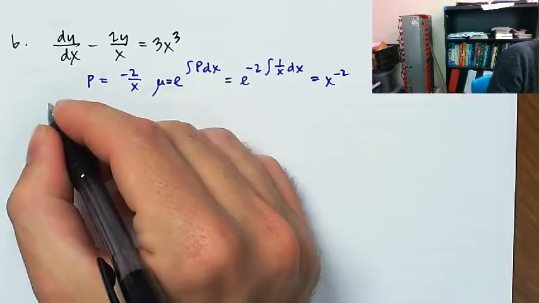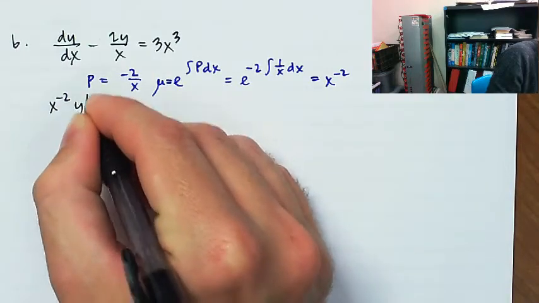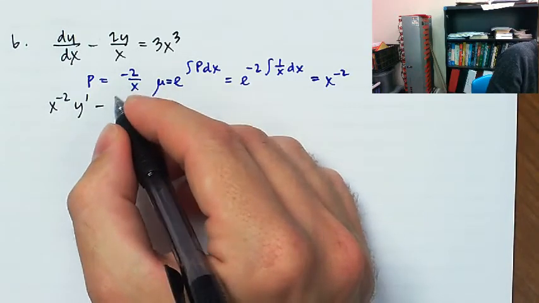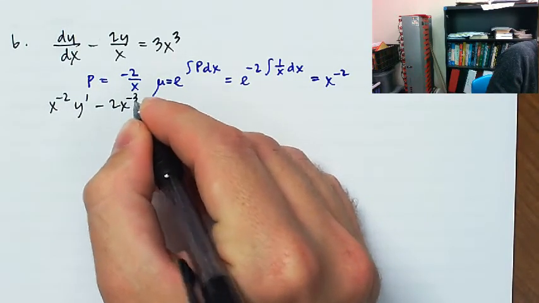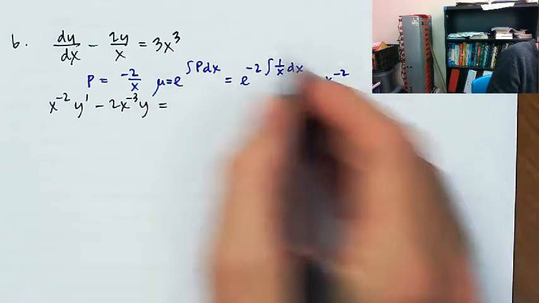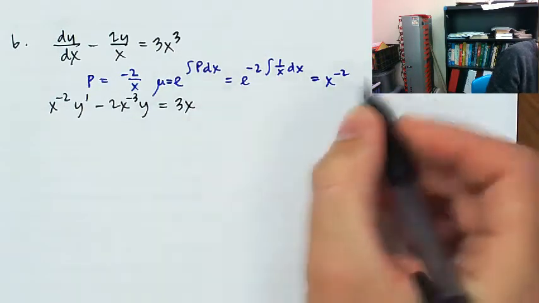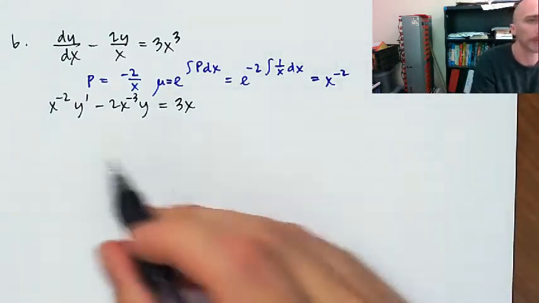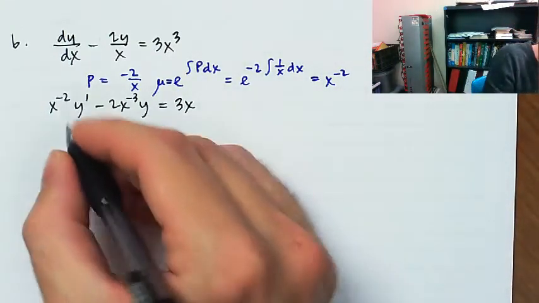I'm going to say x to the negative 2 y prime minus 2x to the negative 3 multiplied by y is equal to, when I multiply that in, that'll be 3x. Okay, and that's a little easier to look at and see, oh, okay, that's the derivative of y times x to the negative 2.